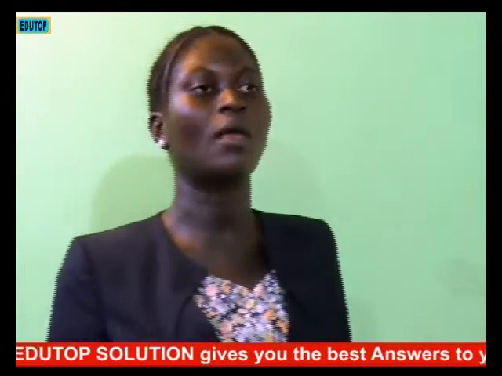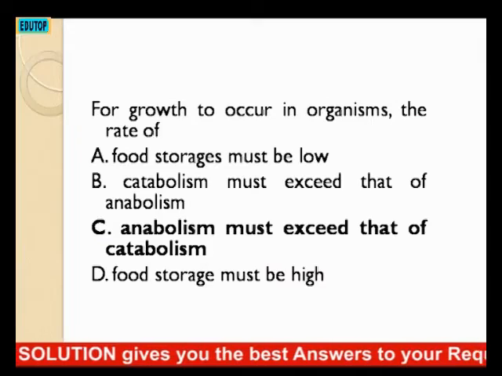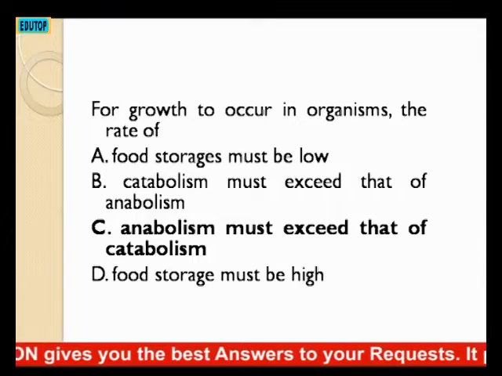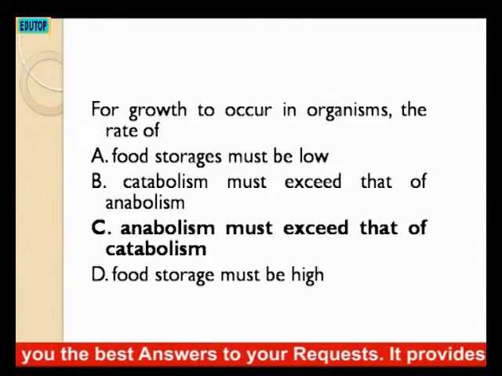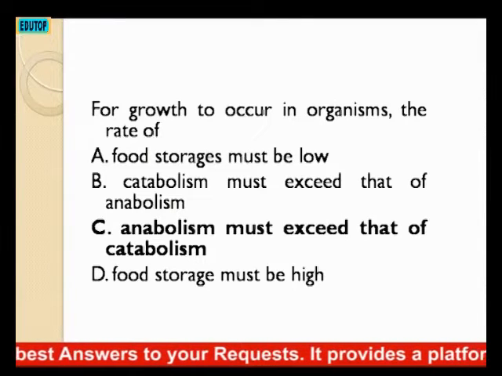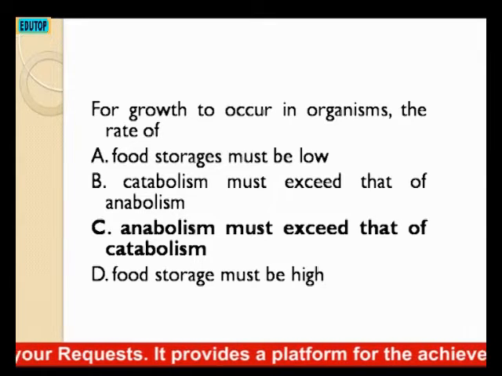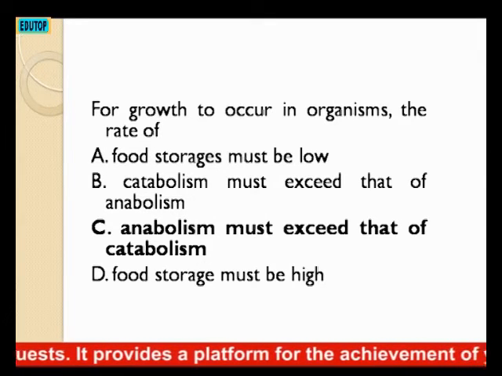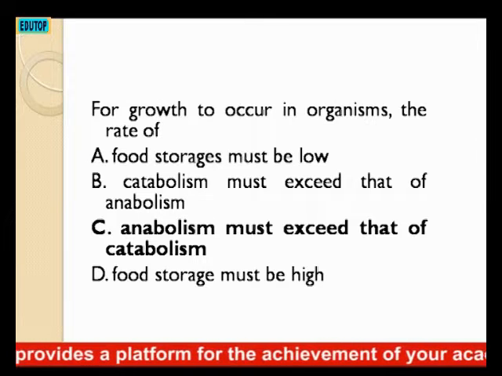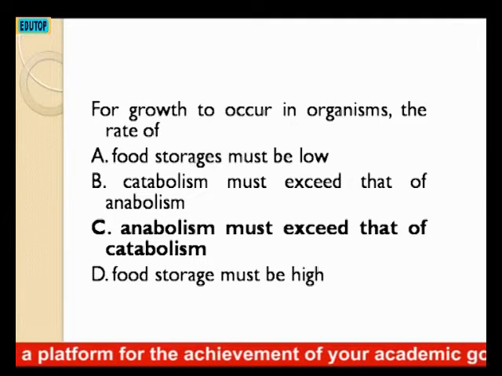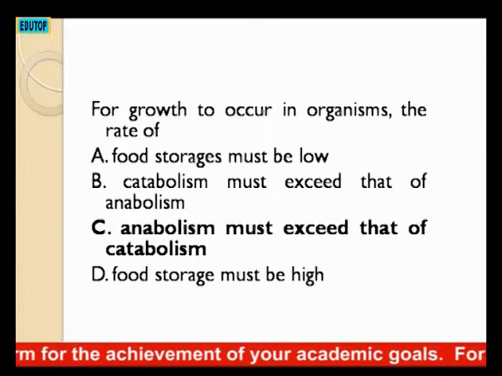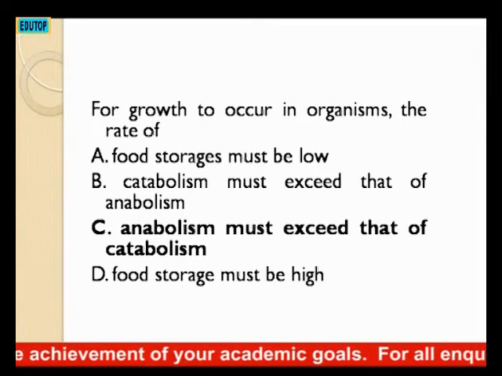The next question. For growth to occur in organisms, the rate of A, food storage must be low. B, catabolism must exceed that of anabolism. C, anabolism must exceed that of catabolism. D, food storage must be high.